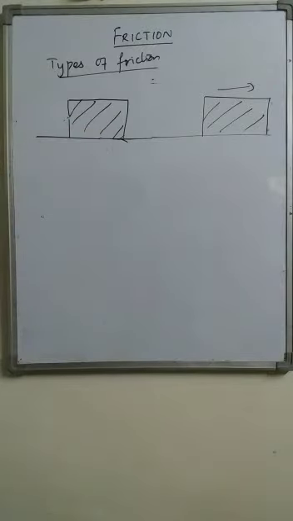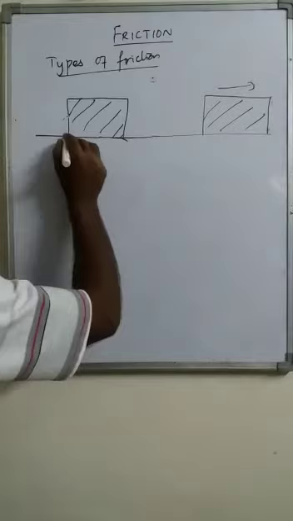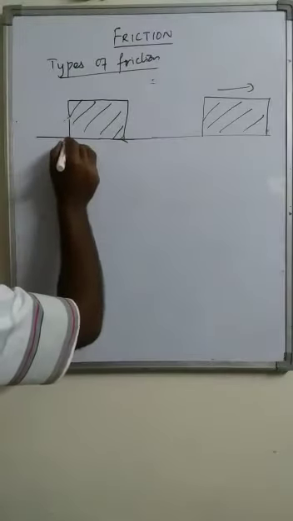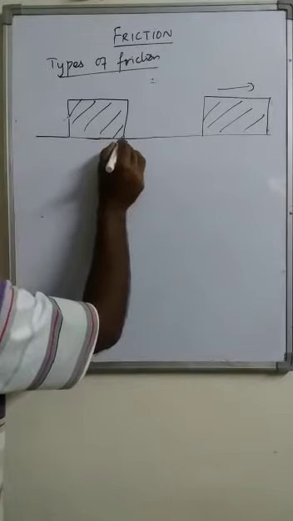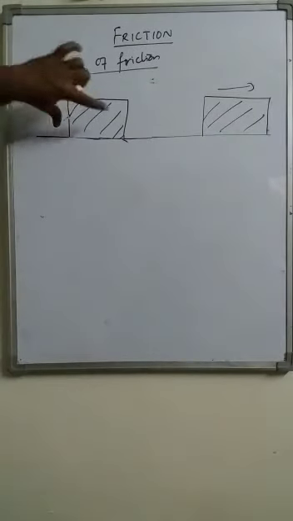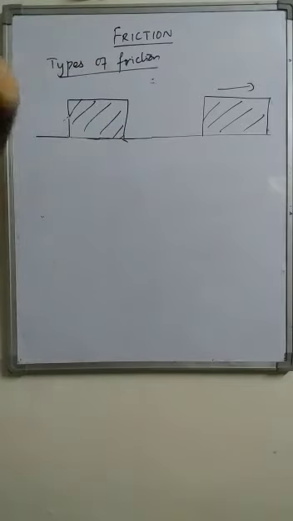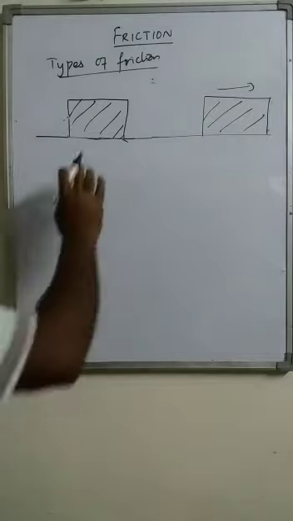Here the block is at rest. And this extent of surface is in contact with the ground surface or the table surface.